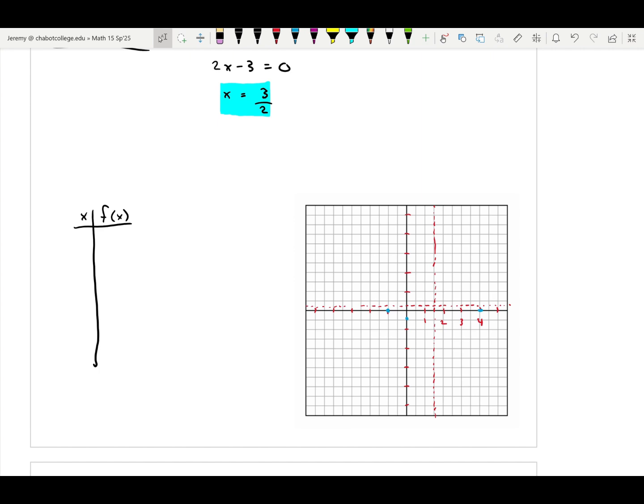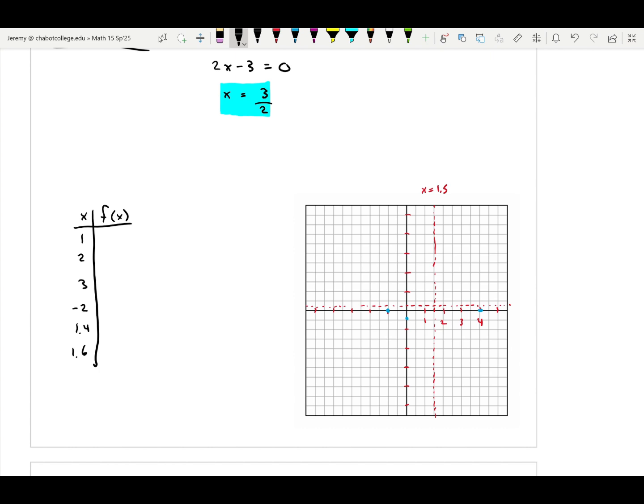Same thing as before, I'm choosing input values in regions of the graph where I don't have a lot of information, paying extra close attention to values that are close to the vertical asymptote. So this is the line x equals 3/2, or x equals 1.5 is another way I could write that. So good input values would be 1, 2, 3, maybe -2, and then a couple of values that are close to the vertical asymptote. How about 1.4 and 1.6?